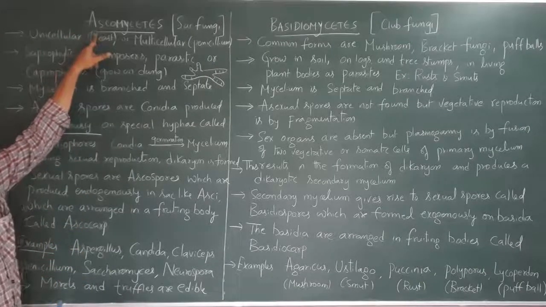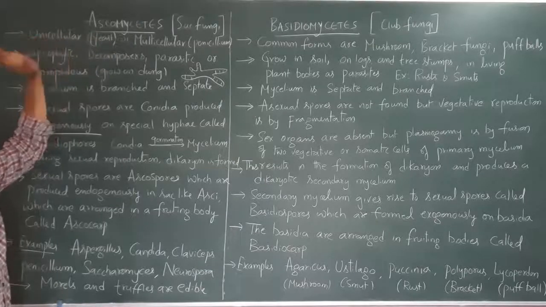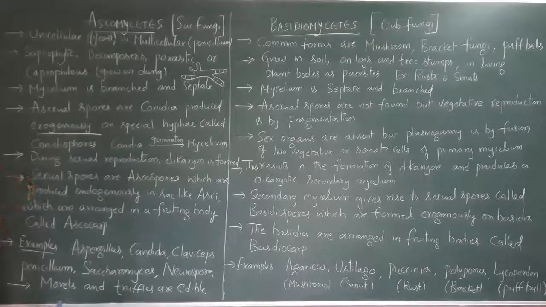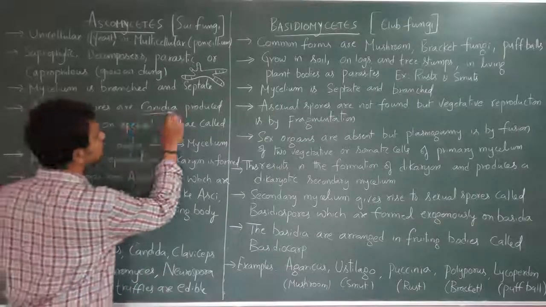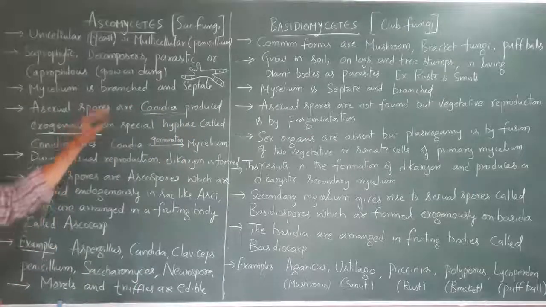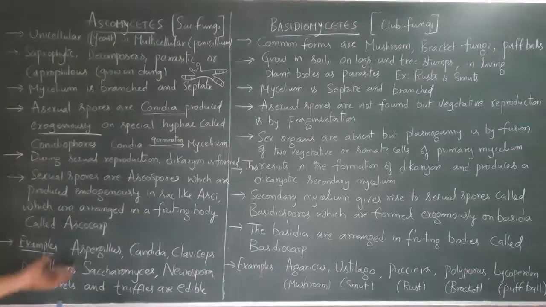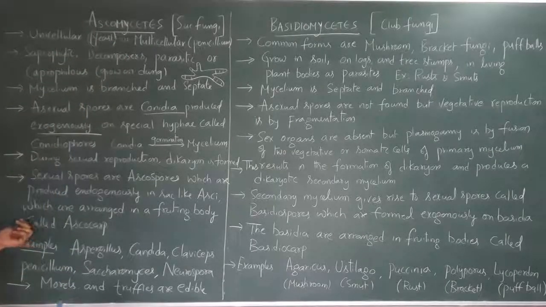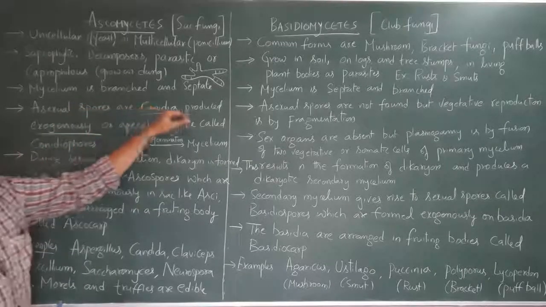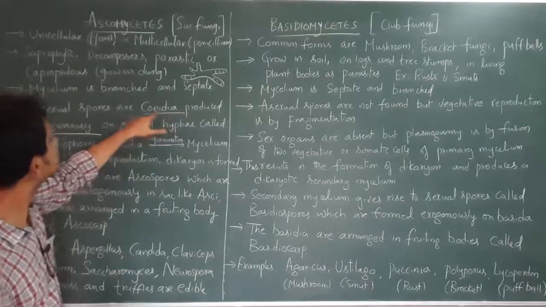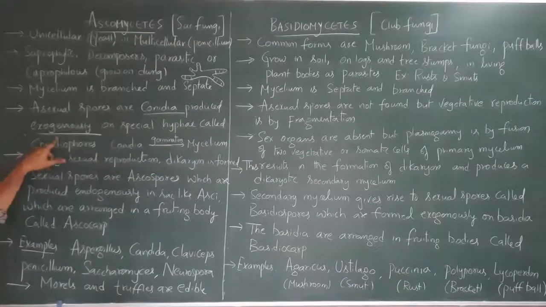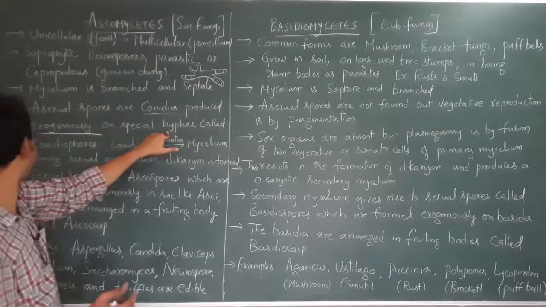The members of the ascomycetes usually produce a special type of asexual spores called conidiospores. In case of phycomycetes, asexual spores are aplanospores or zoospores. That you should remember.